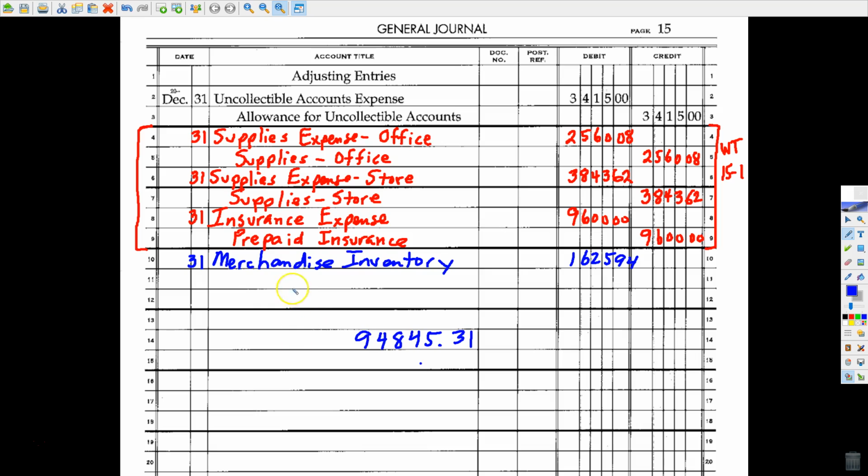We looked at it when we were doing adjustments and closing entries way back when we were doing service-oriented businesses. The credit is going to be to this account called income summary. And this is always going to be true whenever you have to make this adjustment to merchandise inventory, and it's the same amount.